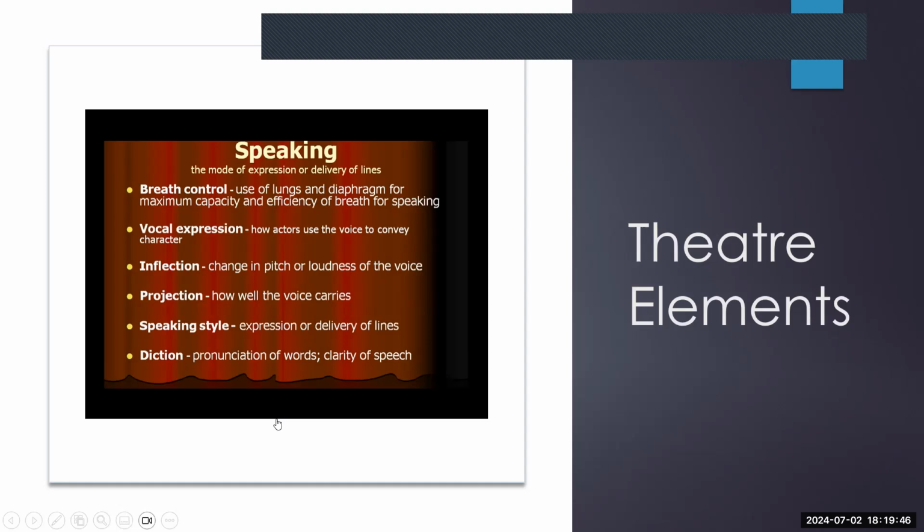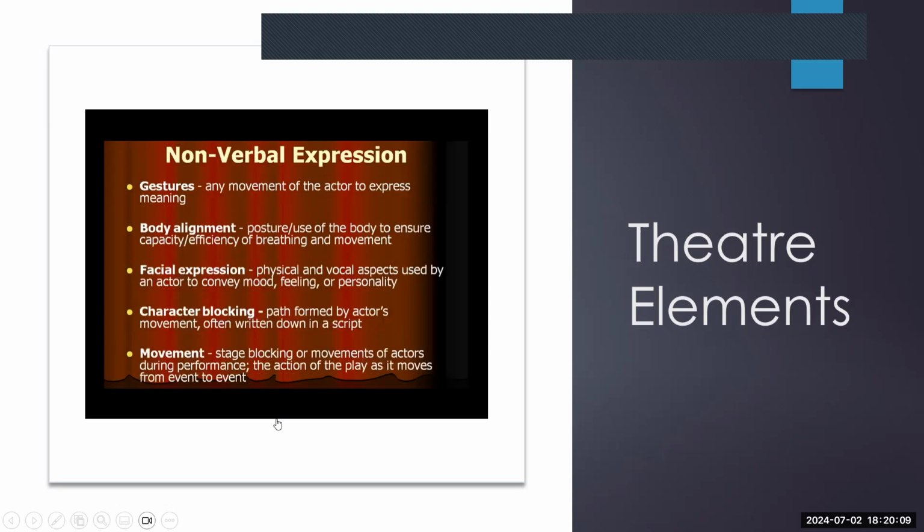Breath control involves the use of lungs or diaphragm for maximum capacity and efficiency of breath for speaking. Vocal expression refers to how actors use the voice to convey character. Inflection indicates a change in pitch or loudness of the voice. Projection is how well the voice carries. Speaking style is the expression or delivery of lines, and diction is the pronunciation of words and the clarity of speech. Nonverbal expression includes things like gestures, body alignment, facial expression, character blocking, and movement.